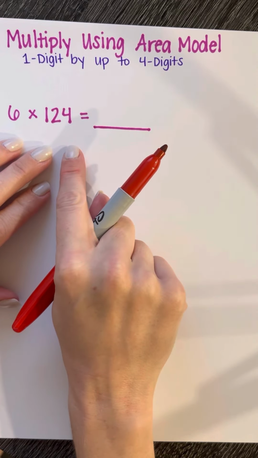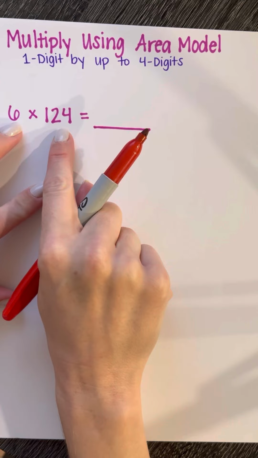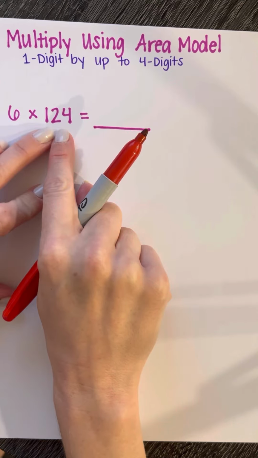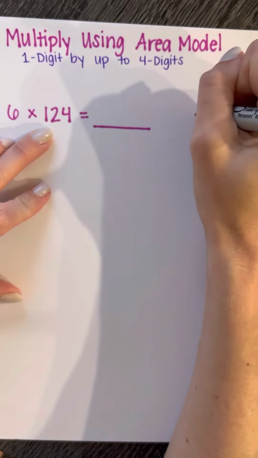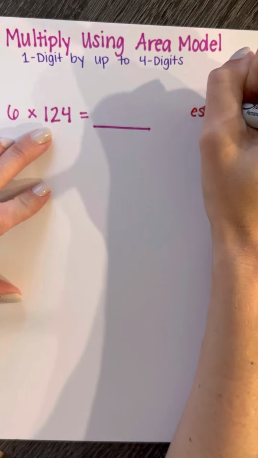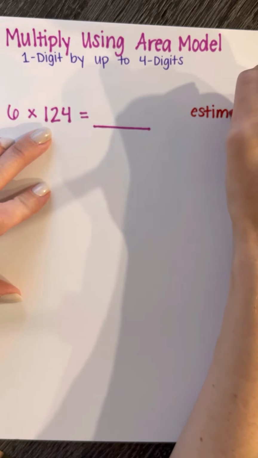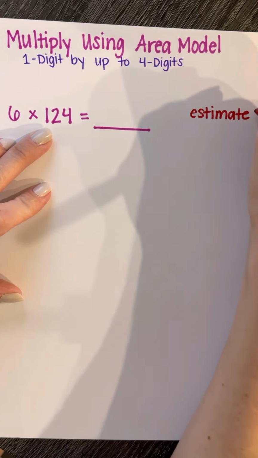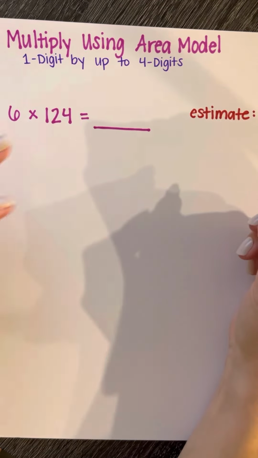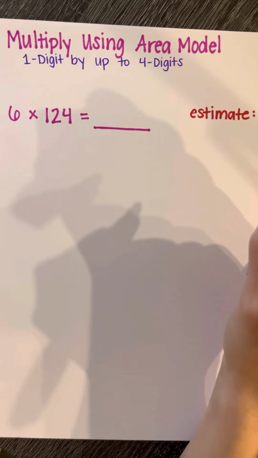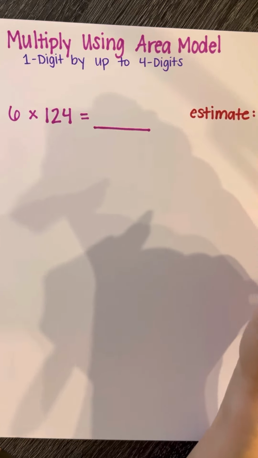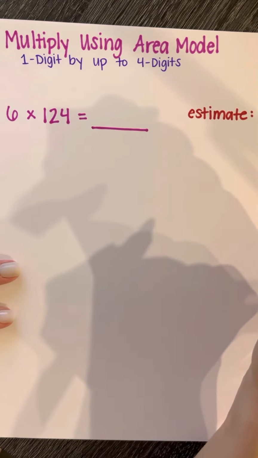Before we get started with constructing area models or looking at place values, we're going to take 6 times 124 and get an estimate using compatible numbers, so that after we are done with our multiplication, we can come back and check to make sure that the final product that we come up with is a reasonable answer or not.